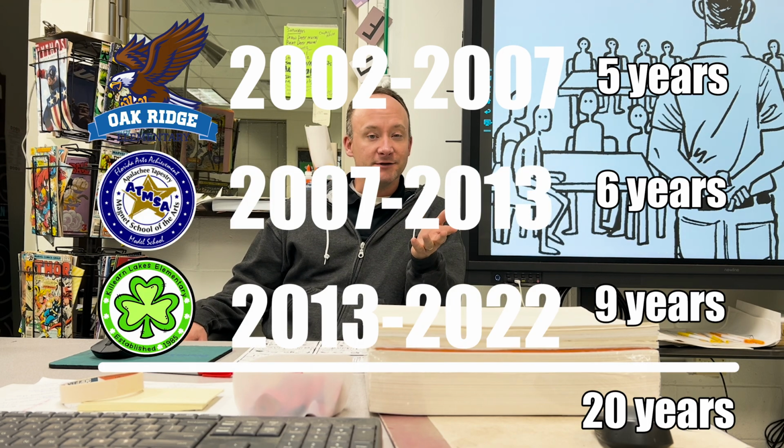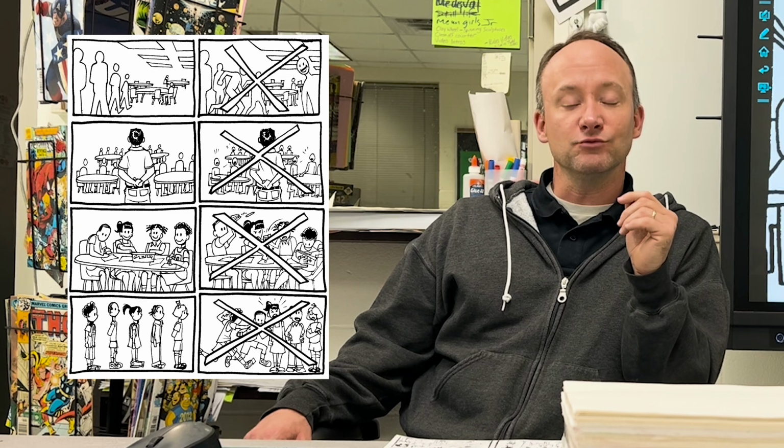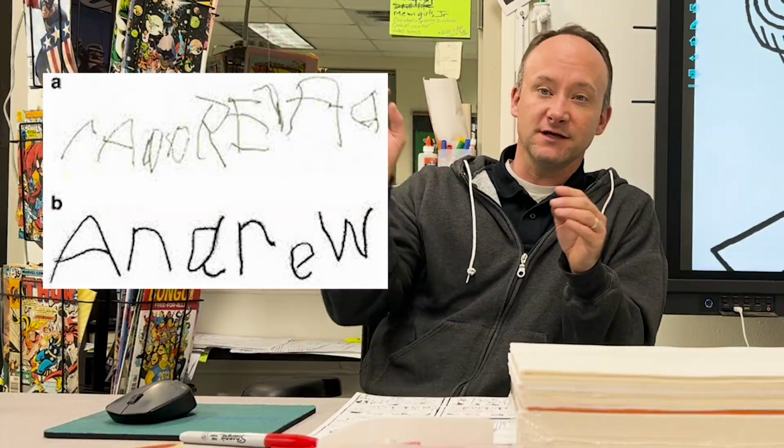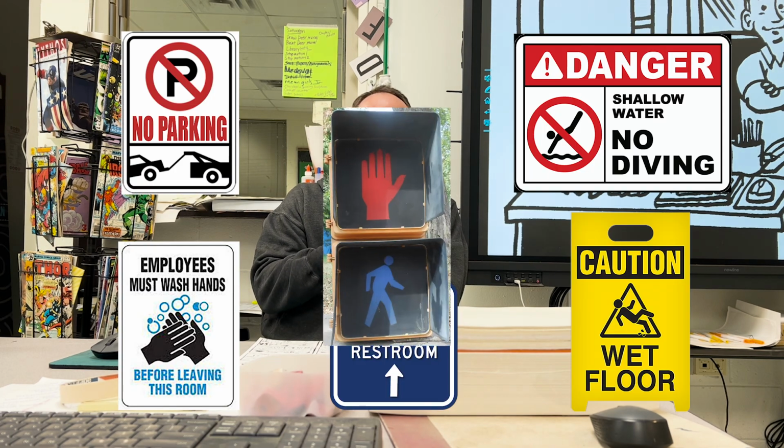And when I taught elementary school, I had the rules posted in my classroom as pictures because I knew that brand new kindergartners coming in could barely read their name, let alone a poster explaining what all the rules are. When I inherited this classroom, the previous art teacher left a lot of rules posters up, but I still wanted to do mine as pictures because everyone can read a picture.